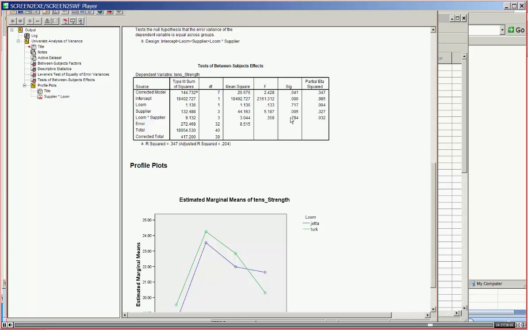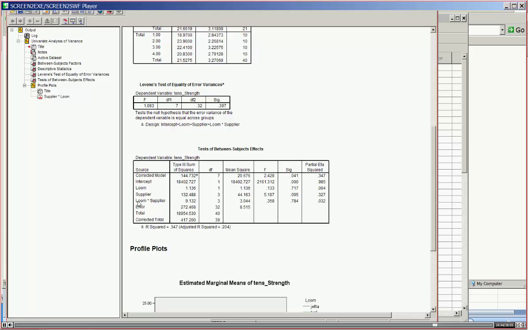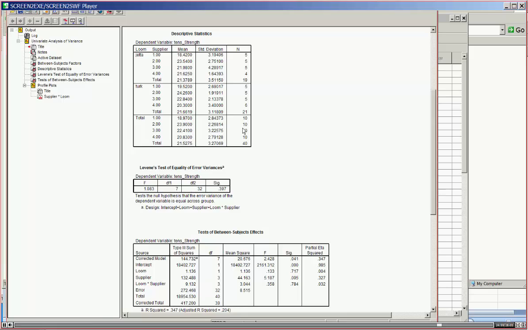And here's the eta squared. That's what we requested there. So we got a little effect size for the interaction. Here's the Levene's statistic. We do not reject the hypothesis of equality of variances, which is good.